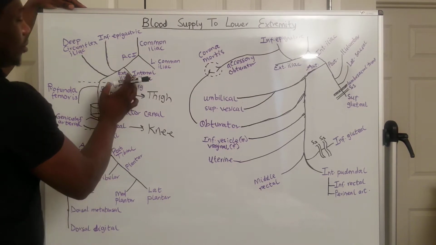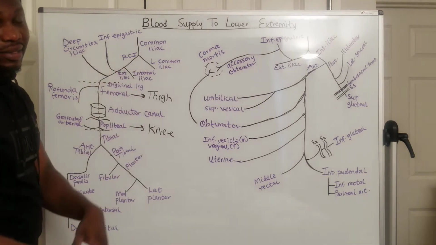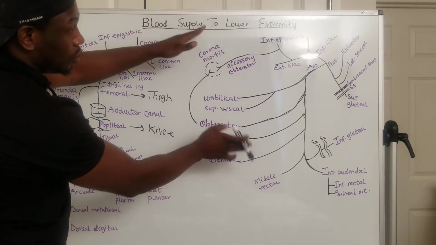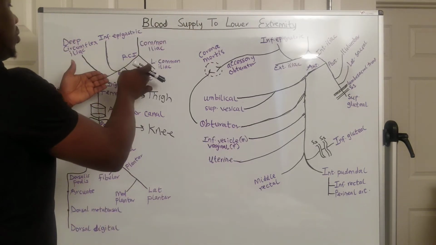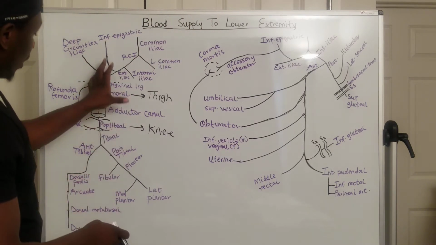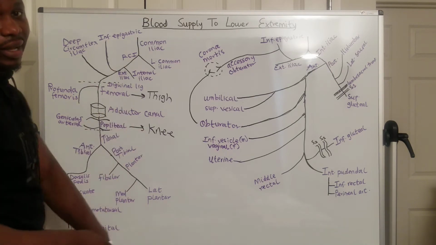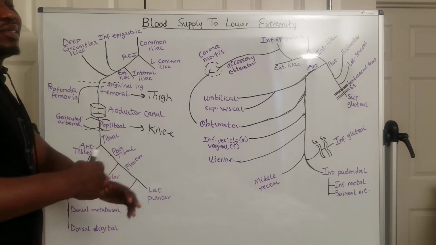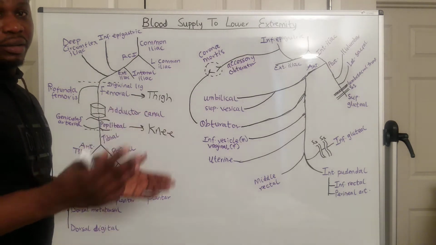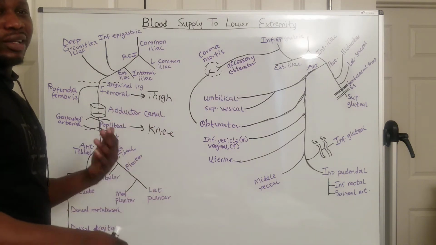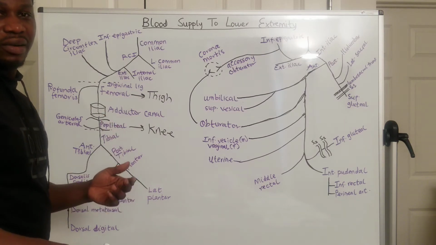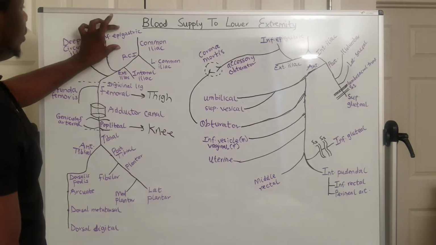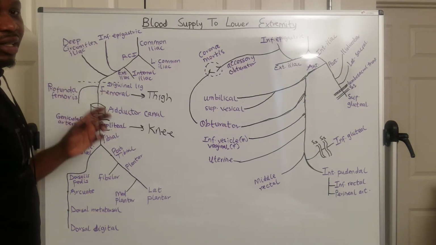For now, we're gonna focus on the external, because these are the branches of the internal iliac artery. We will talk about this one later. The external iliac artery has many branches, but we are interested in the two terminal branches: the inferior epigastric artery and the deep circumflex iliac artery.